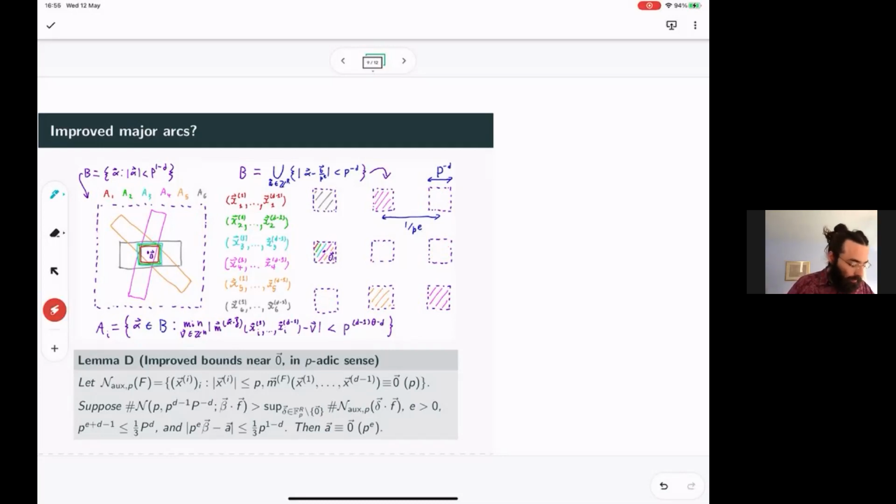Okay, so what do I want to say about this? Well, what I was going to do next is move on to the proof of this, because, as I say, this p-adic version is quite simple to prove.